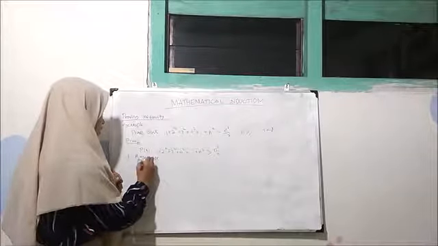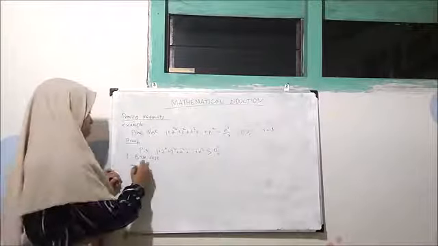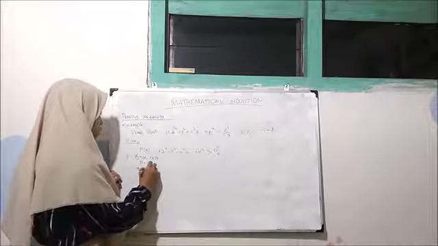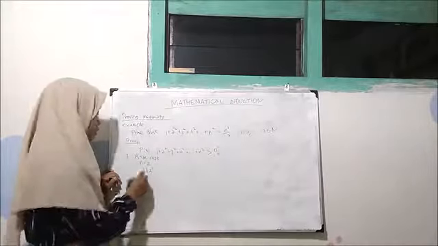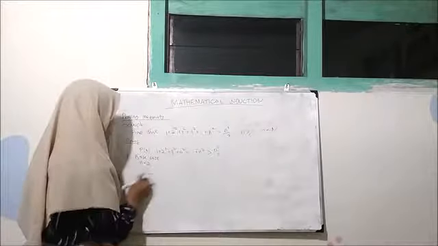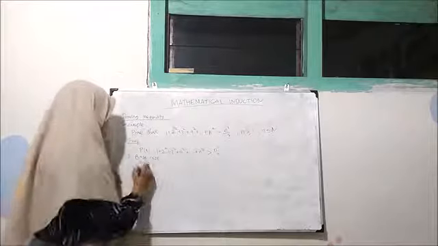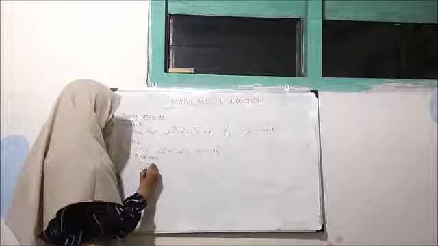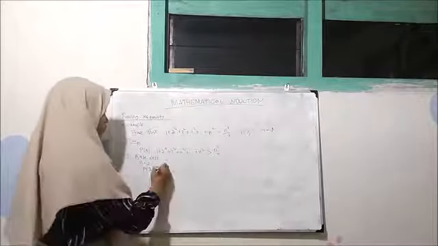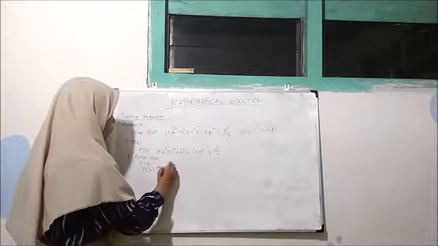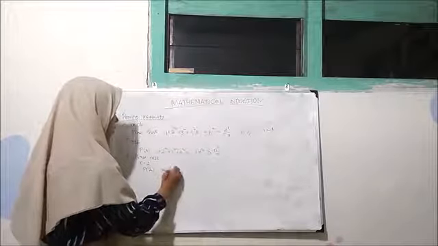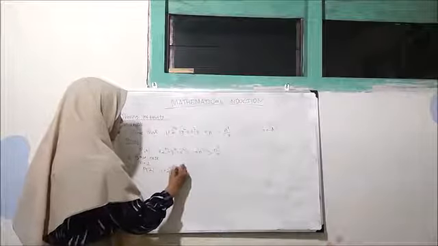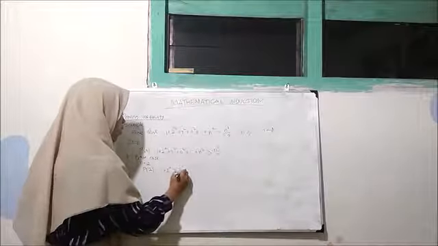For n is equal to 2, P2 is 1 plus 2 square is greater than 2 cube over 3.